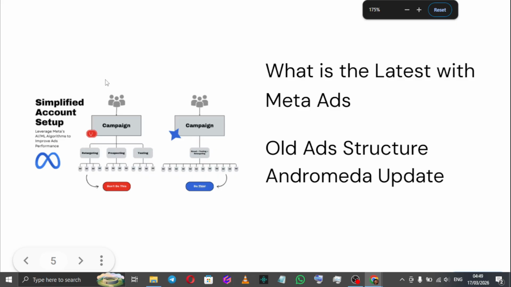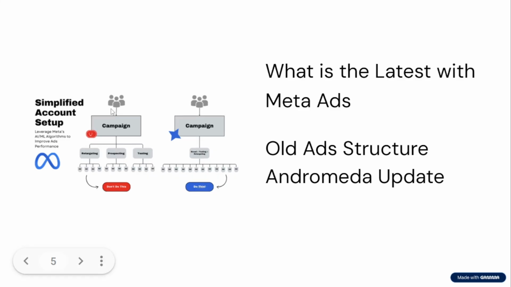So now what we previously used to have is your campaign, which is always at the top. Then you have one, two, three. That is your ad set level. You're going to have a campaign that is basically targeted at retargeting, ad sets inside of your main campaign.